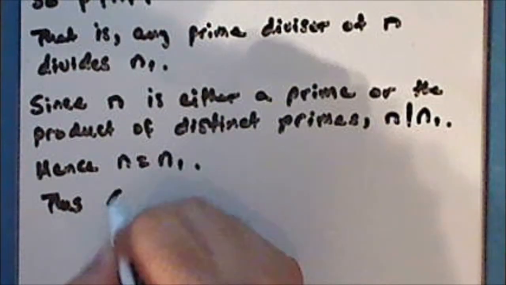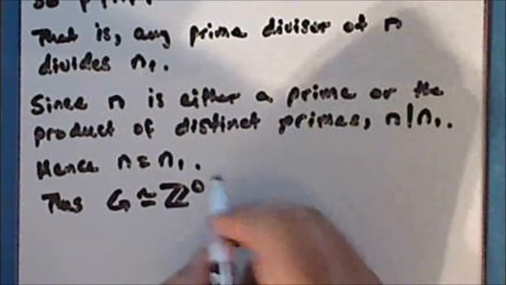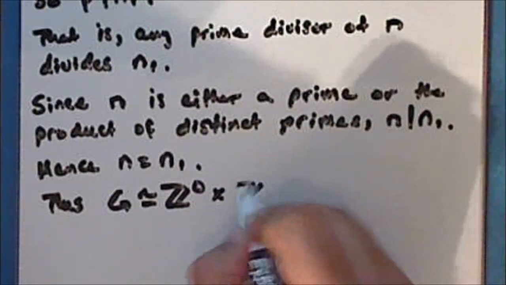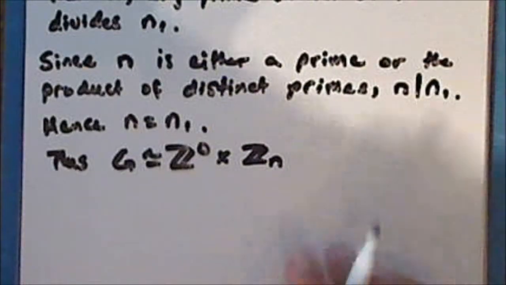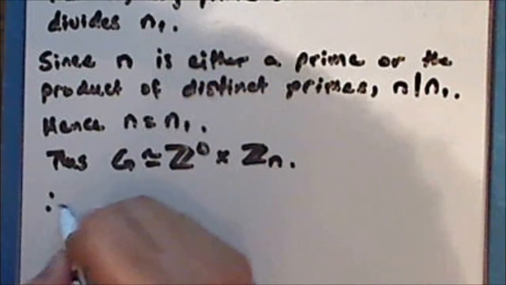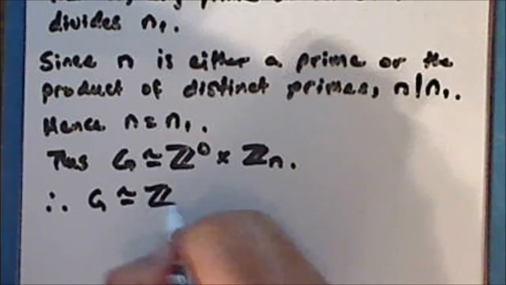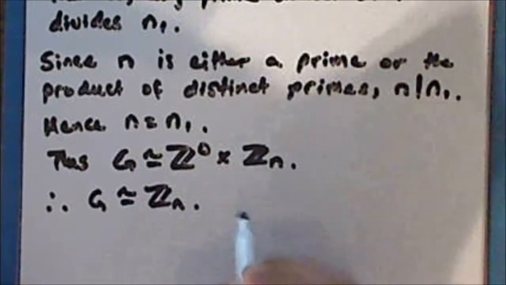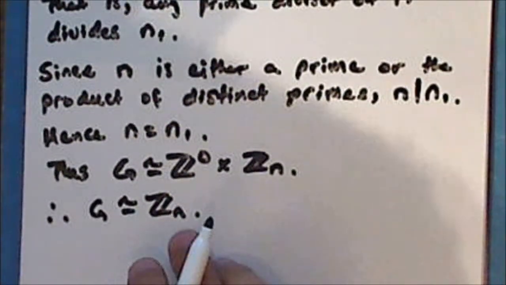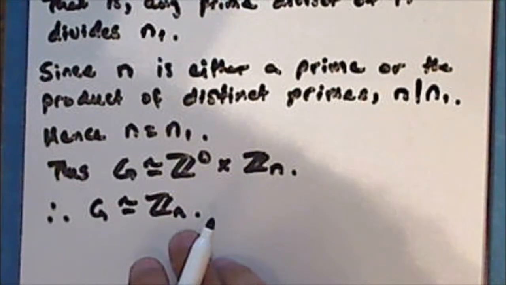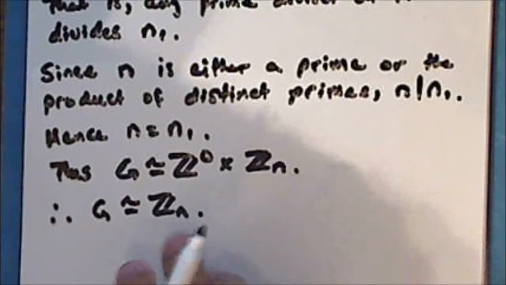And thus the group G is isomorphic to the direct product of the integers superscript 0 times the integers modulo n. And therefore the group G is isomorphic to the integers modulo n. So for a square-free integer n up to isomorphism, there is only one abelian group of that order, and that is the group of integers modulo n.